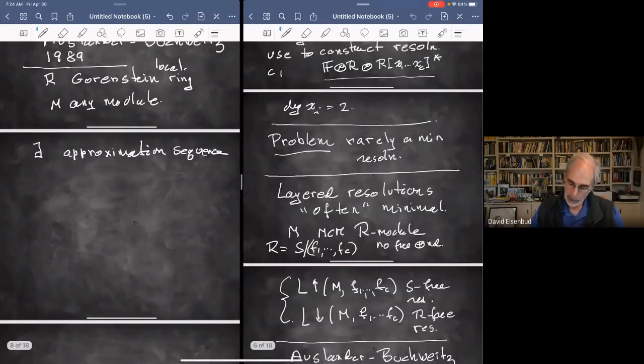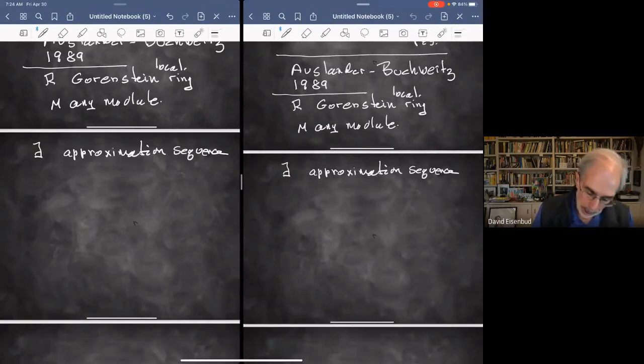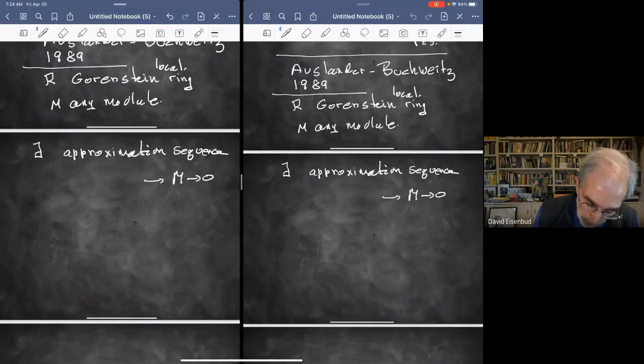So there exists what I'll call the approximation sequence. And the form of that is you start with M, and then there's going to be a surjection, of course, from a maximal Cohen-Macaulay module, but I'm going to take it to have a particular form, M prime plus, I'll write B naught.